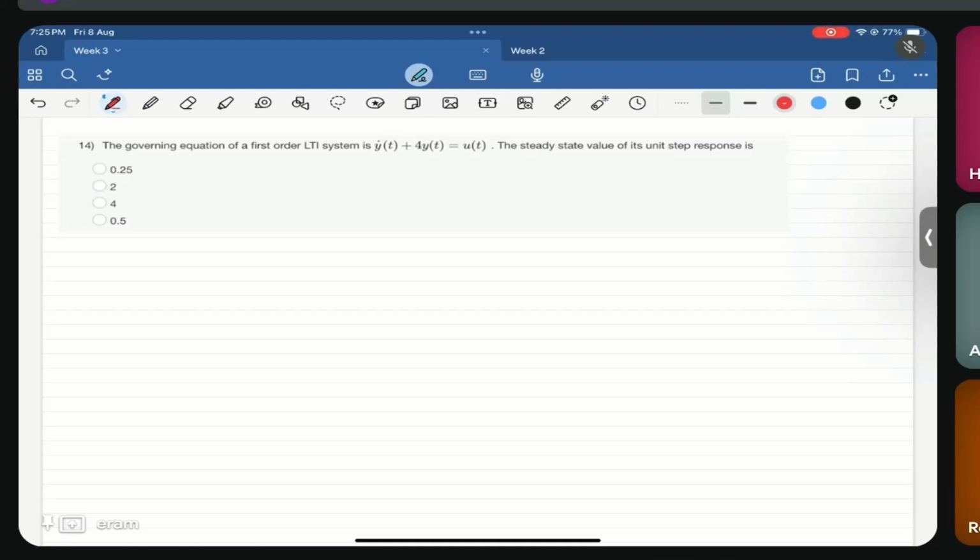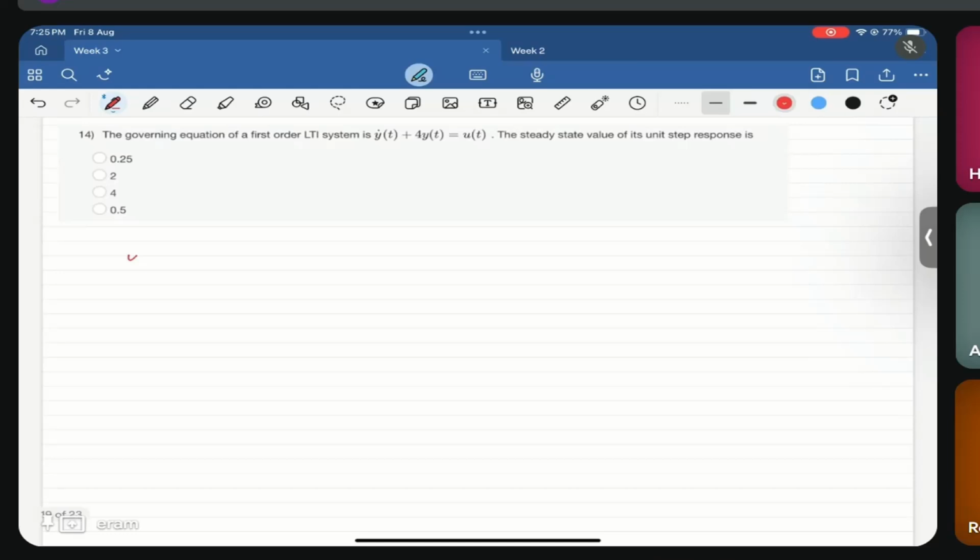So very simple it is. We will find out the transfer function of this differential equation, which is s y plus 4y equals u. So y by u will be equal to 1 by s plus 4.